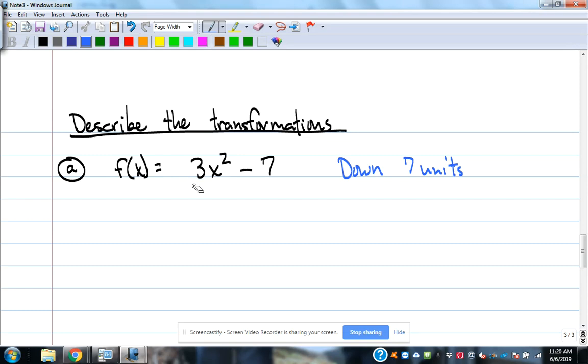Well, there's a 3 in the front here. What does that 3 do to the x squared function? We're multiplying x squared by a number on the outside. So we know that's going to be a vertical stretch or compression.